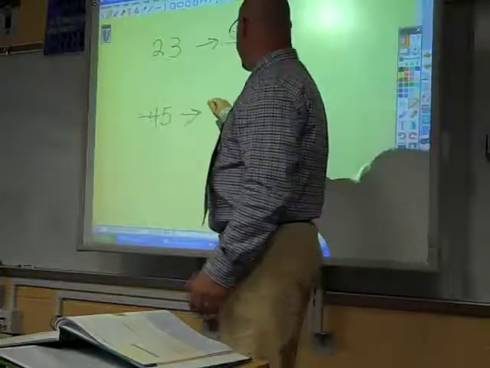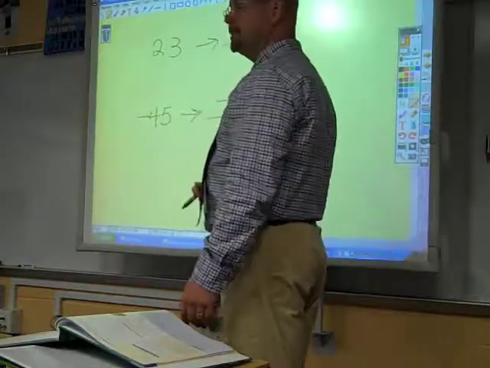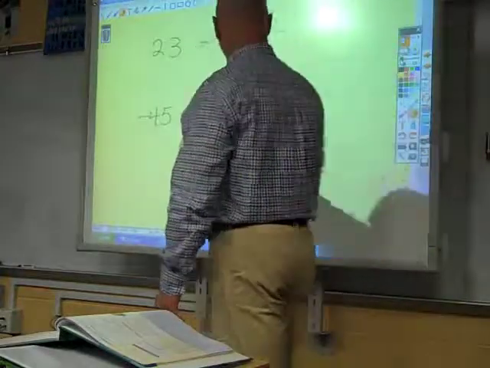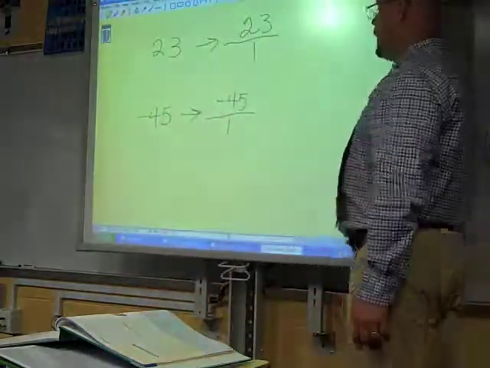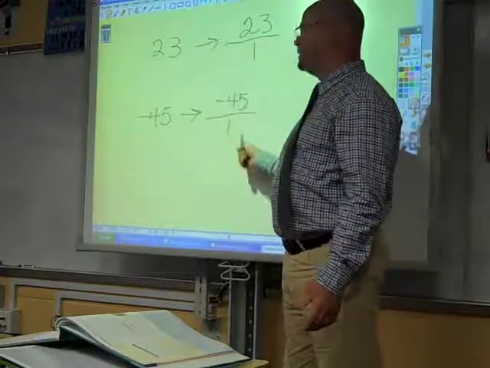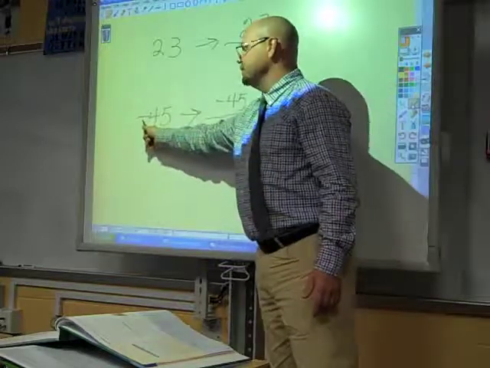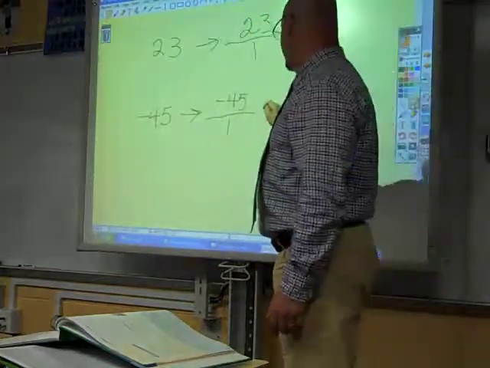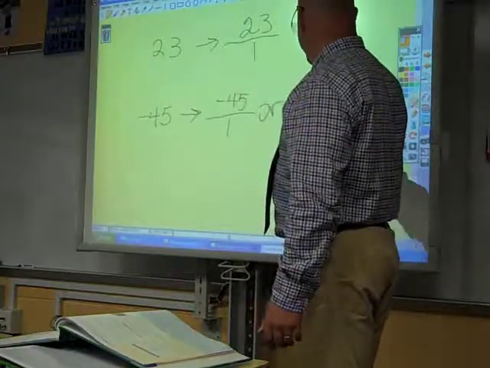So in this case, I'll try negative 45, and then on top of 1. So it's the same idea as the whole number, where you just put it on top of 1, but give one of the two numbers that negative sign, because this was a negative. Make sense? So I could have done 45 on top of negative 1 as well.